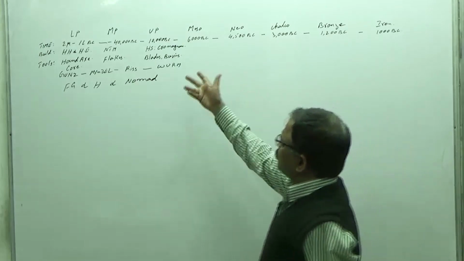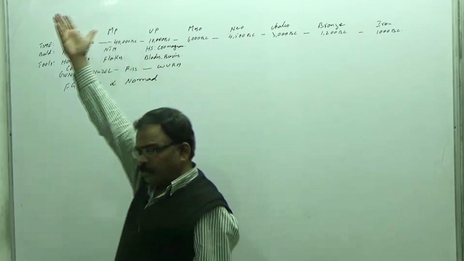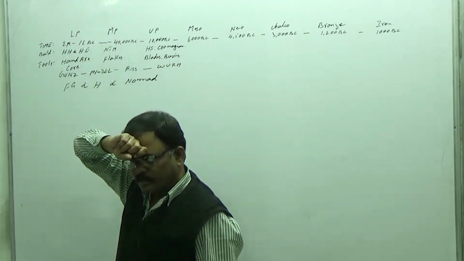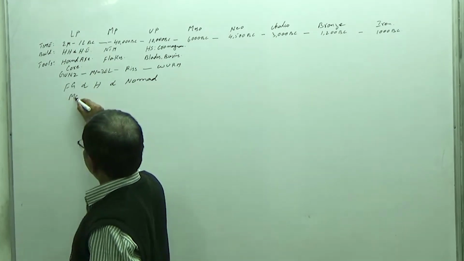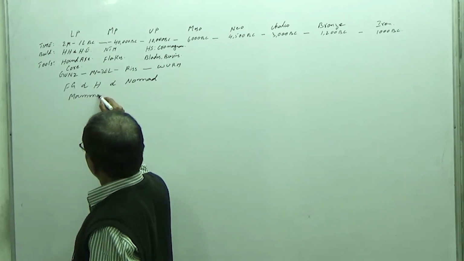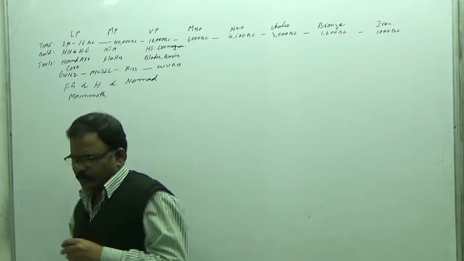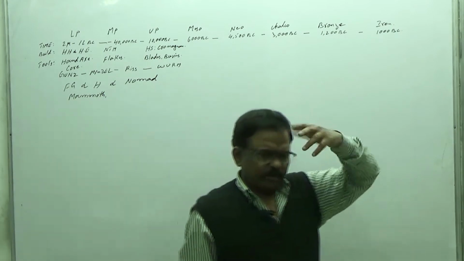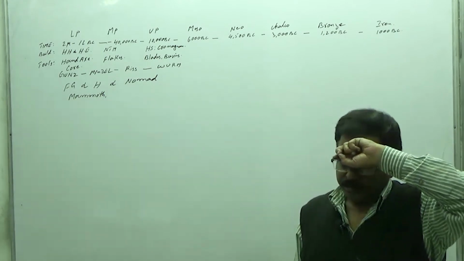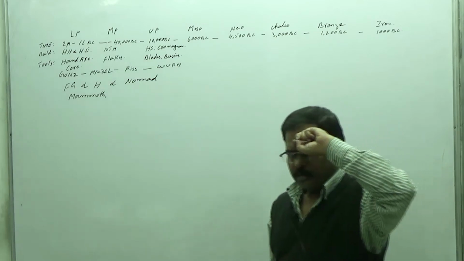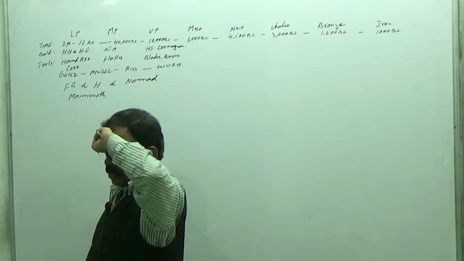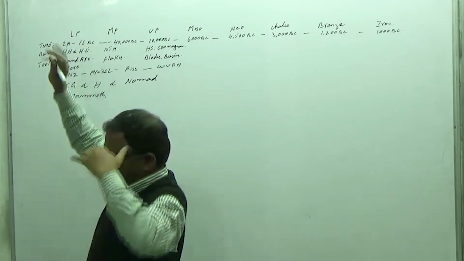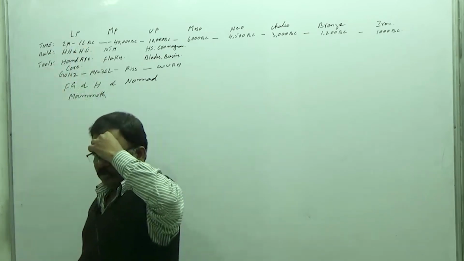At that time, the major animal was the mammoth, the biggest mammal, bigger than the elephant. This is the major source of food.